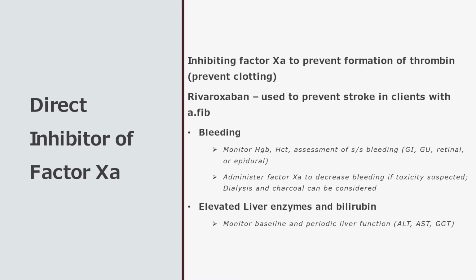Direct inhibitors of factor 10A. These are going to inhibit factor 10A to prevent formation of thrombin, thereby preventing clotting. So rivaroxaban is going to be used as our example here in this category to prevent stroke in clients that have atrial fibrillation, which is a cardiac arrhythmia where the heart does not fully pump completely.